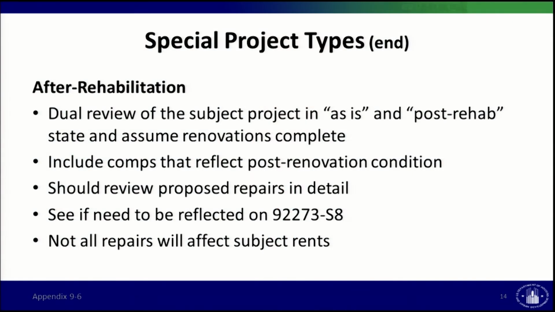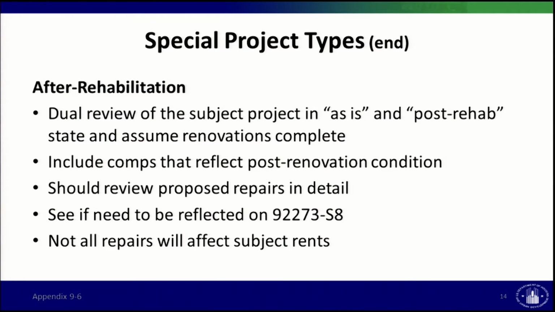We've included after rehabilitation under special project types because we're finding more projects intending to undertake renovation as part of the contract renewal process. If such work is planned, the appraiser must undertake a dual review of the subject project in the as-is and post-rehab state and assume renovations are complete.